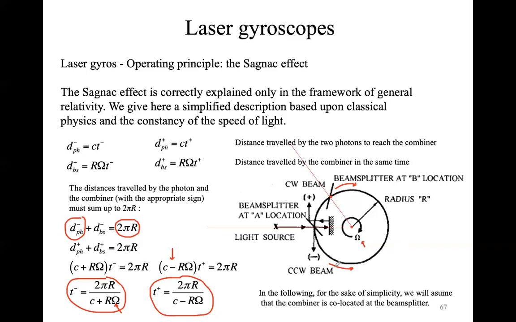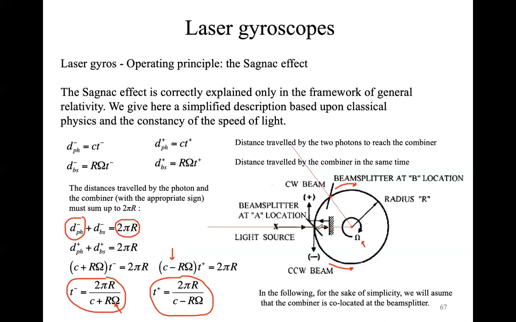because basically the two beams are going to approach a similar path. So this explanation using classical physics is accurate enough. So let me give you the formulation that you need. As I said, the sum of the two has to be equal to 2 pi r.